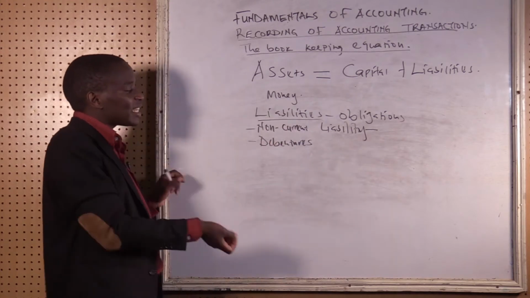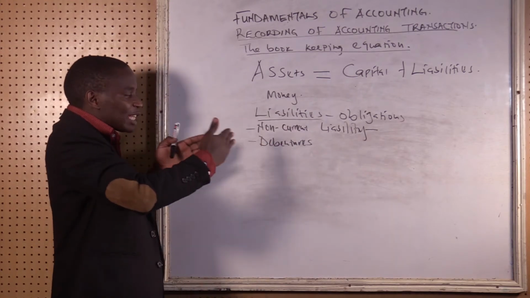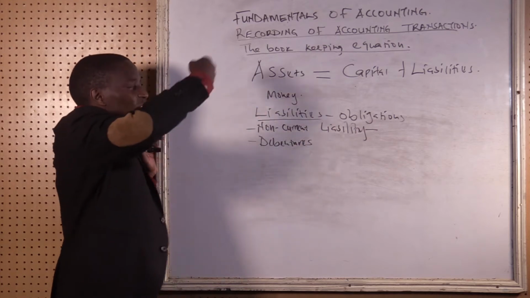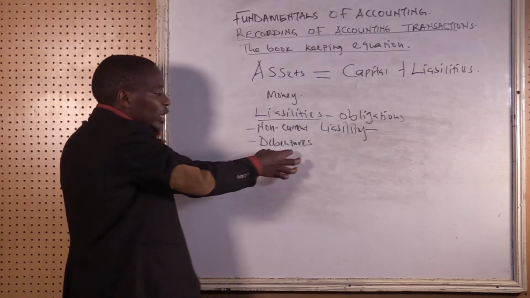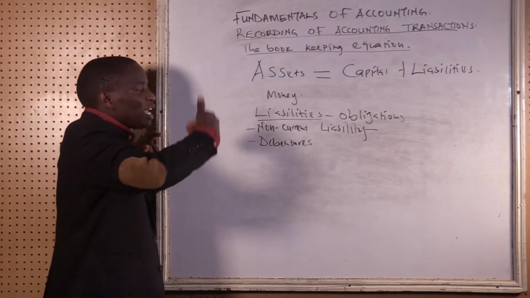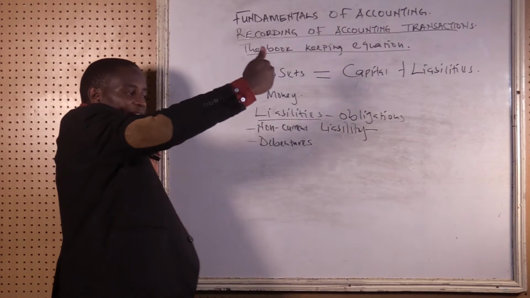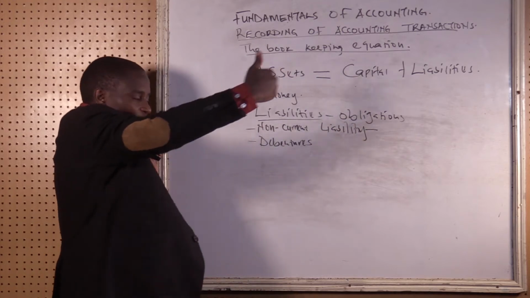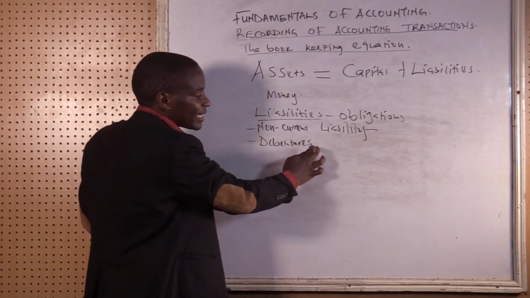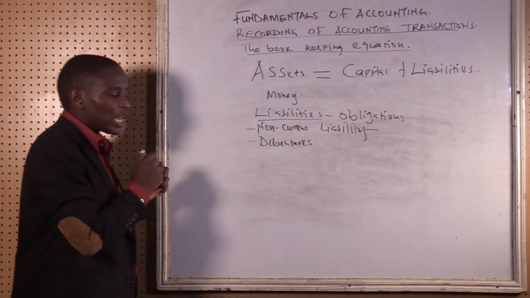With this debenture certificate, as per the agreement of the organization and the person giving his or her money, they will pay the actual amount at a later date, and maybe annually or at an agreed period of time, they will be paying the owner of the money some interest. That's what we call a debenture.